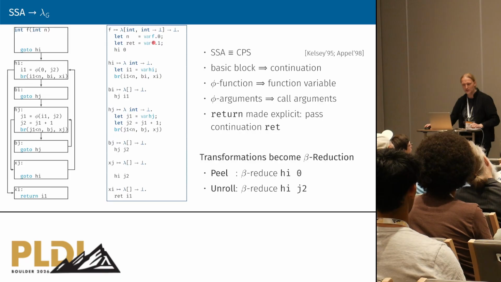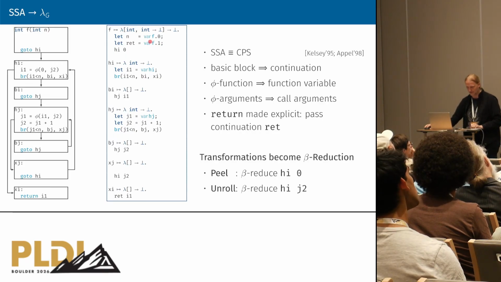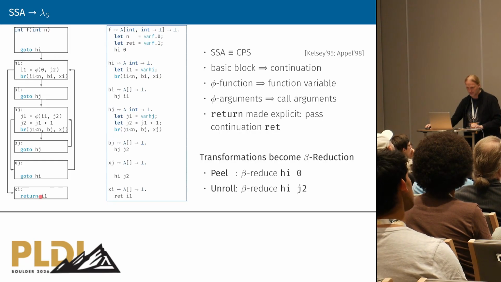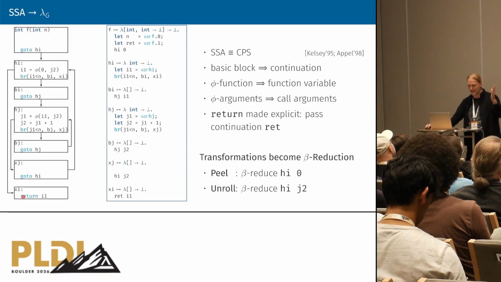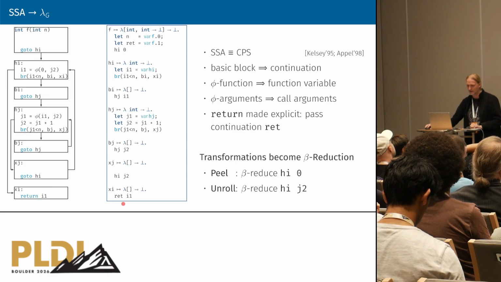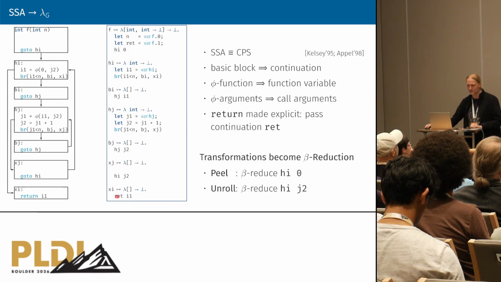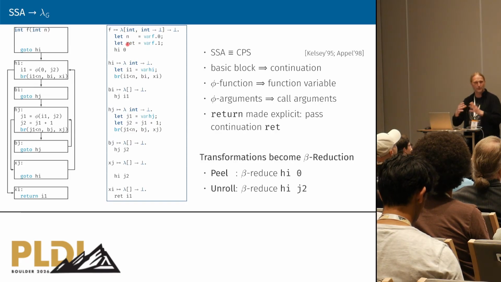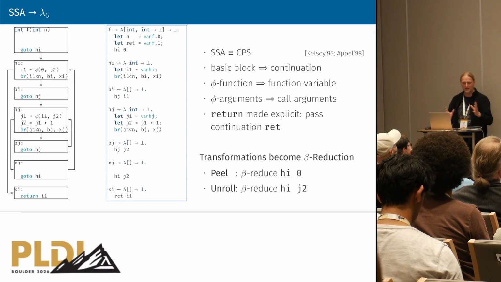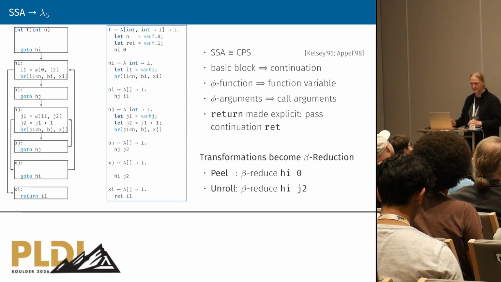Since this is continuation passing style where we are making the return continuation explicit, here we have just magically this return instruction there. But what we can see here, we are just using this red variable over here. And this is a major feature of lambda G, that we are just using this variable here that has been declared over here, just like we would do in a CFG with basic blocks, but it's not nested.